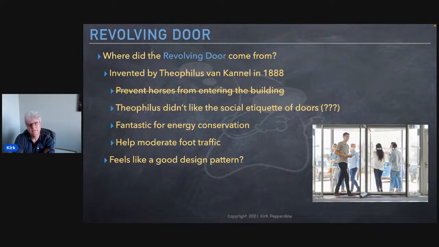And when you actually do a deeper dig, you find that Theophilus didn't like holding doors open for women, which was, of course, the etiquette and practice for the day. And it turns out there are a lot of benefits to it besides getting rid of this, quote unquote, social burden, if you want to call it that.